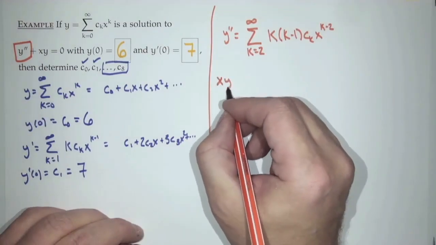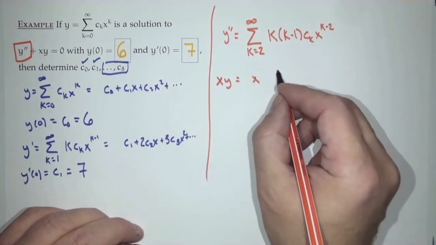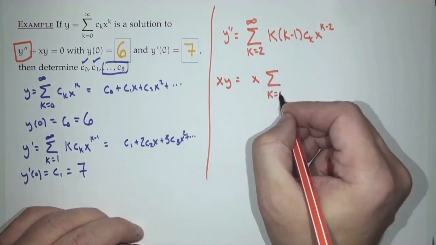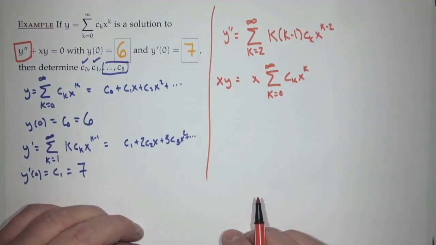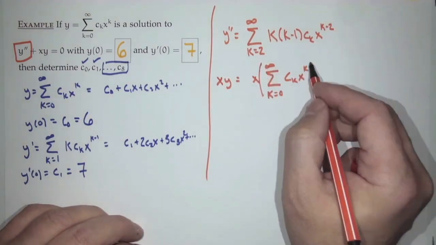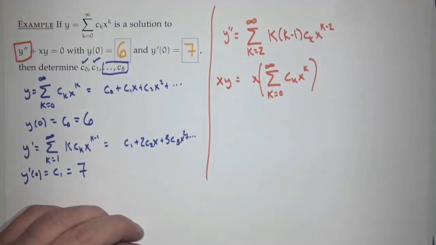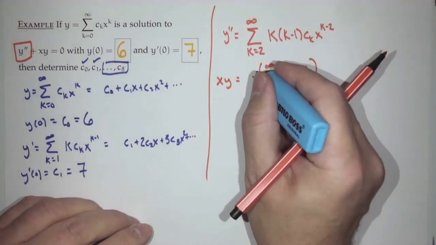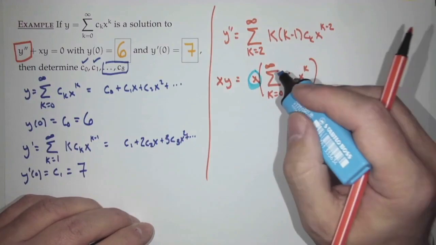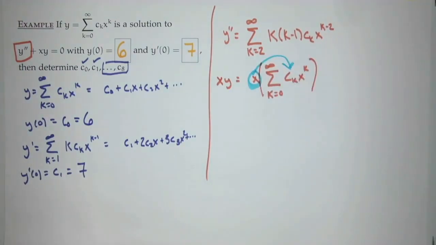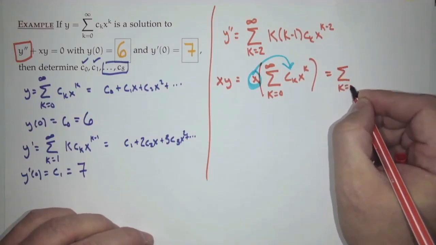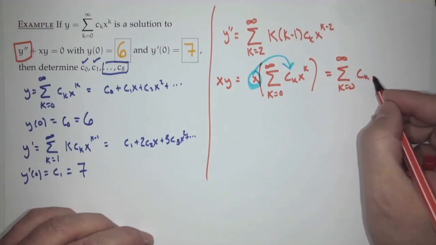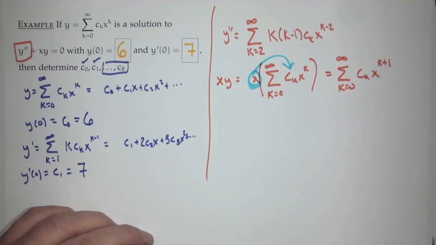Okay, so that's y double prime. What's x times y? Well, that's x times the sum k equals 0 to infinity of ck x to the k. I'm just writing down x times y. What can we do with the x that you see here? We can bring it in. So this can be rewritten as the sum, 0 to infinity, ck x to the k plus 1.